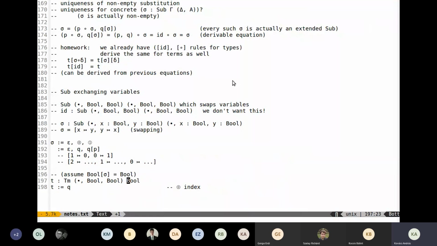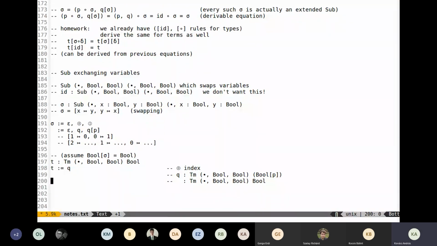But now I say that this Q just has type bool, and actually this is correct because Q has type bool substituted with P, but this type just evaluates to this type.